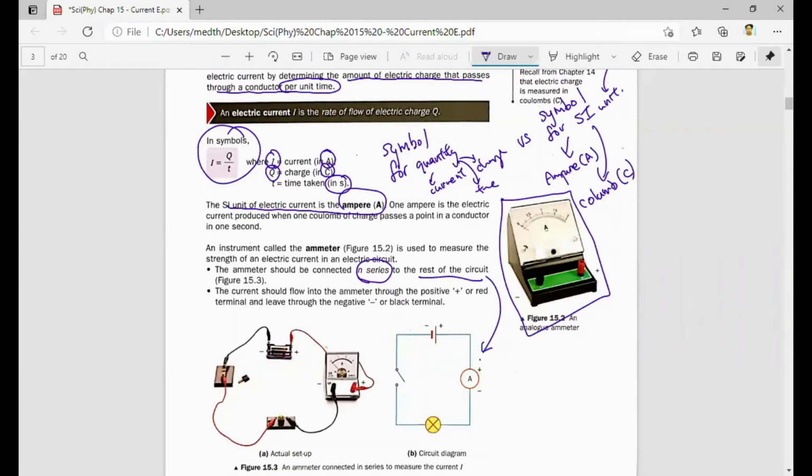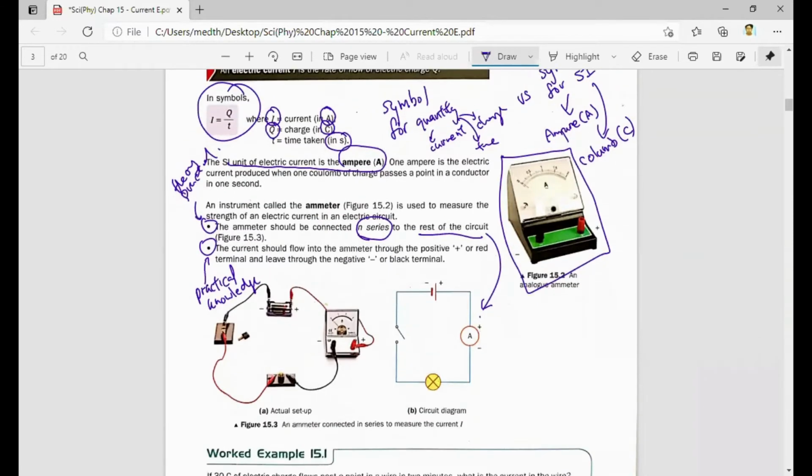Next, the current should flow into the ammeter through the positive and leave through the negative. So positive connects to positive, negative connects to negative. This one is for both theory and practical. So just take note of this.